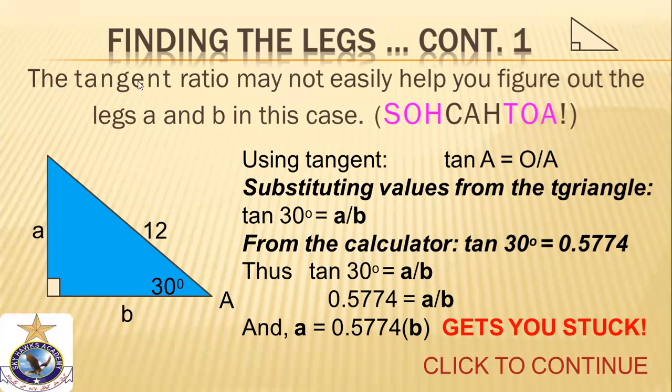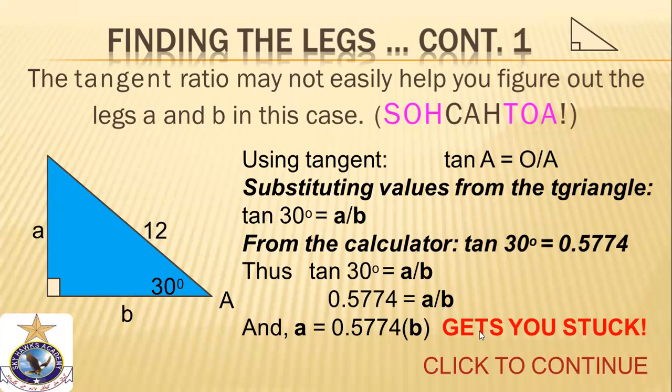Do you get stuck here? You are not getting the answer because you need one value. If B is given, you can find A. If A is given, you can find B. So one more value is required over here.